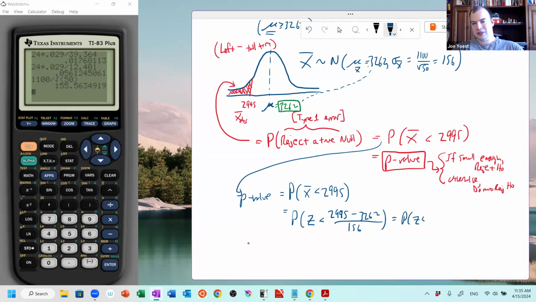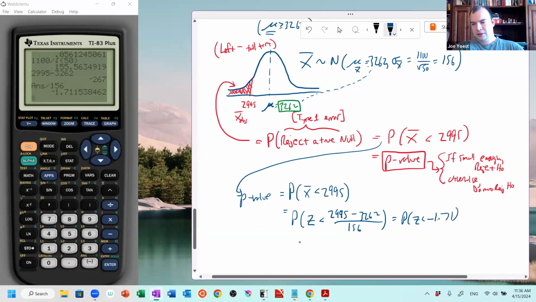That's the probability z is less than, let's see what that is, about negative 1.71. So this is about a 1.7 standard deviation event.